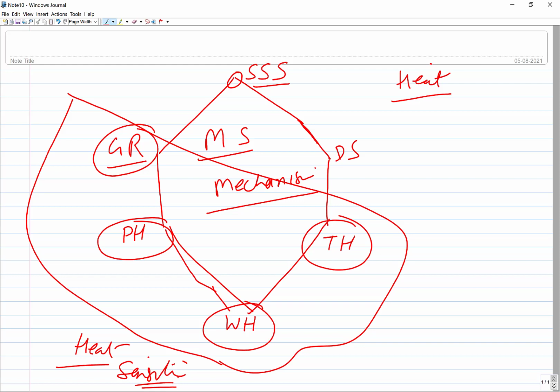Certainly in fusion joining the effect will be even more. On the other hand, for metals strengthened by solid solution strengthening and dispersion hardening, the effect of heat is minor. It is there, but not as much as in the case of grain refinement, precipitation hardening, work hardening, and transformation hardening.